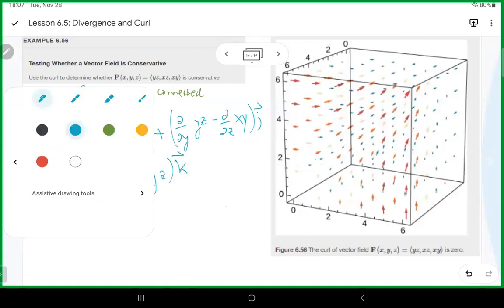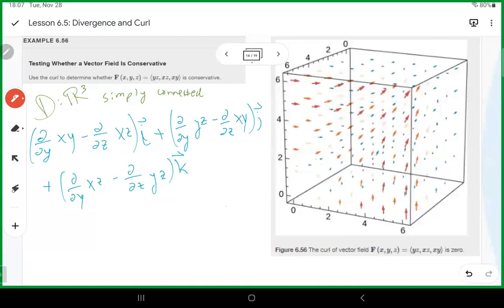Alright, so then that gives us X minus X i plus Y minus Y j plus Z minus Z k, which is equal to 0.